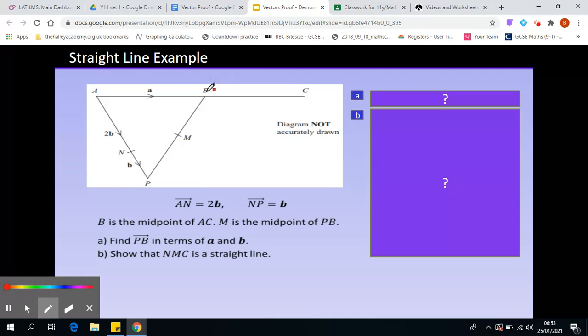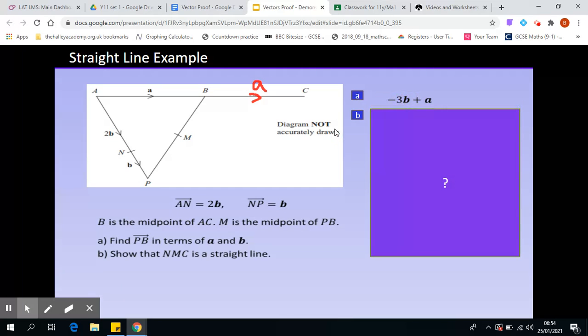We know B is a midpoint of AC, so BC will also be vector a. So PB would be minus b minus 2b plus a, which would result in minus 3b plus a. Notice the b's are negative because we're going in the opposite direction.